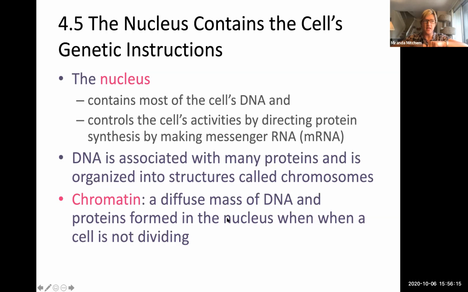In order for the cell to divide and replicate, the DNA has to unravel so that it can actually be seen and copied. So when it's packed down in the form of a chromosome, which is often how we talk about DNA, that cell's not replicating because the DNA is not accessible to be copied. So you can look at the amount of chromatin present in a cell as a way to determine how active that cell is.